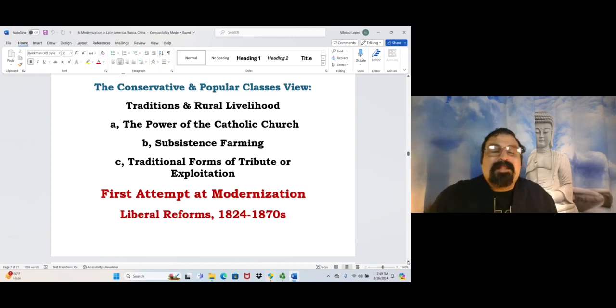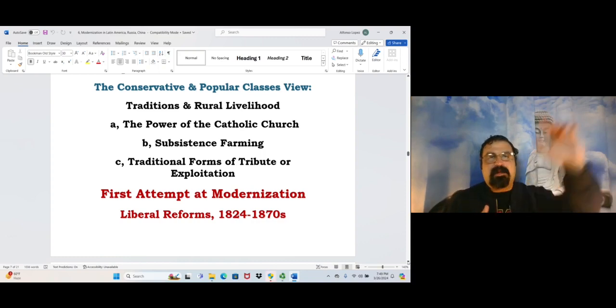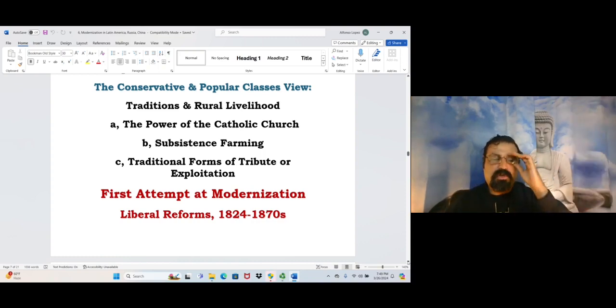In other words, maintaining order and stability in society, because the church is the one that actually convinces people that it is God's will to obey their betters, to obey their landlords, to obey the religious authorities, the landowners, that God had created the social order as a hierarchy.